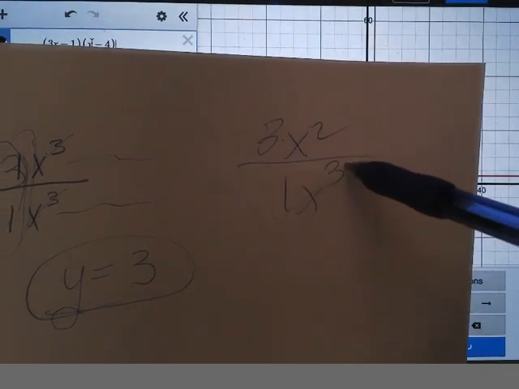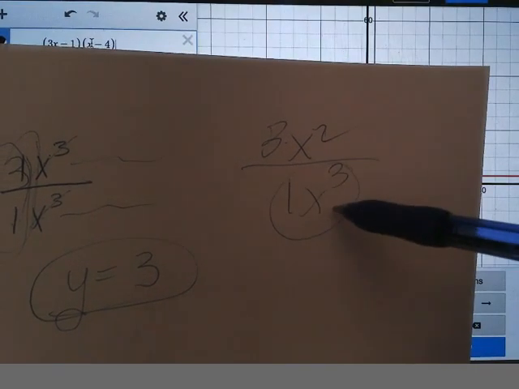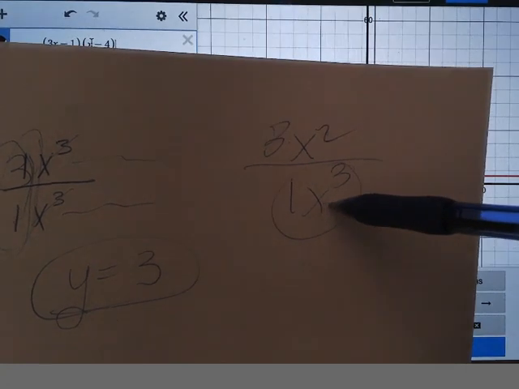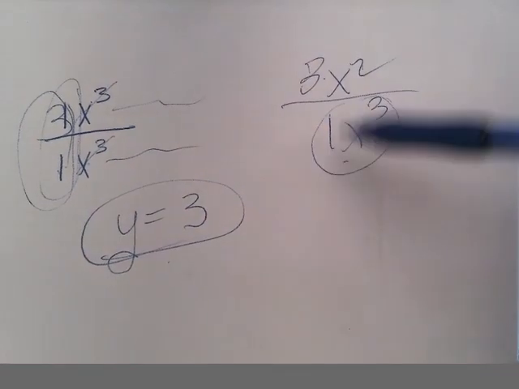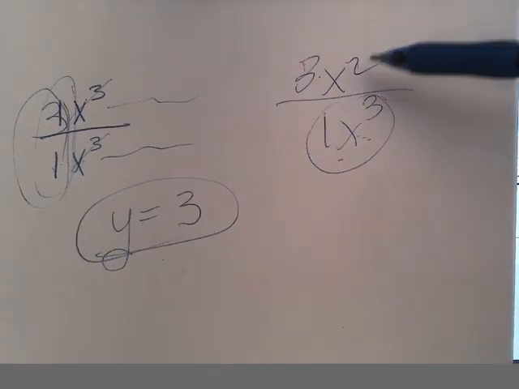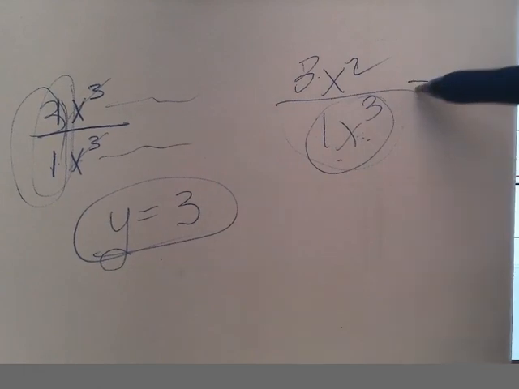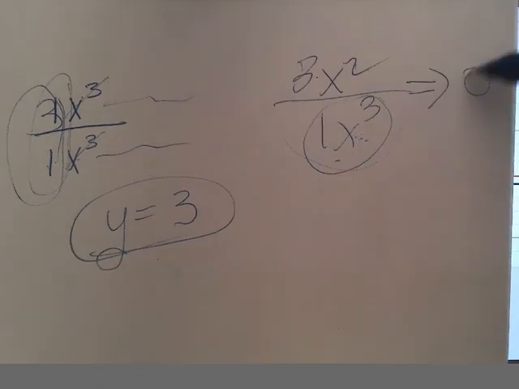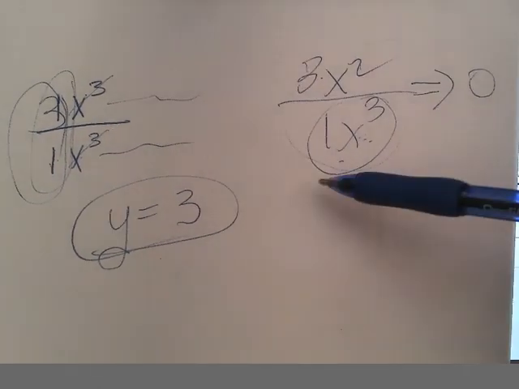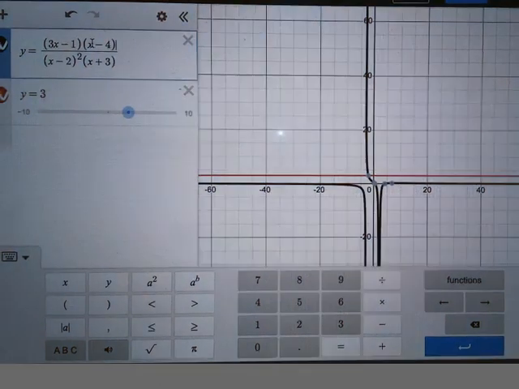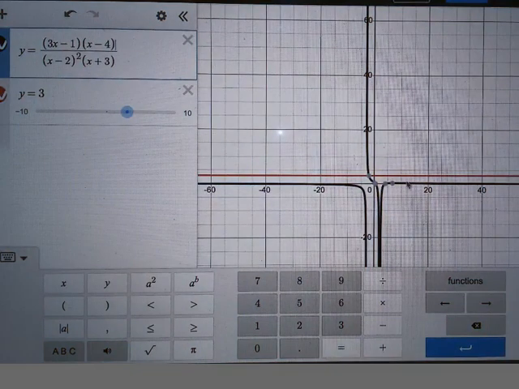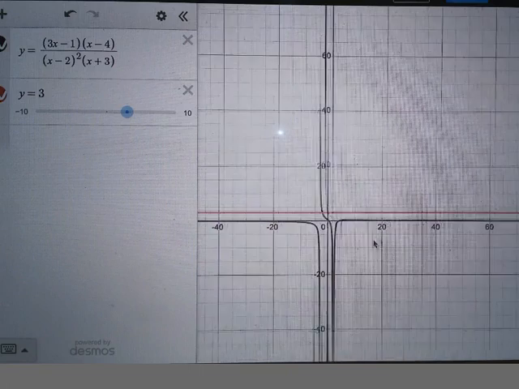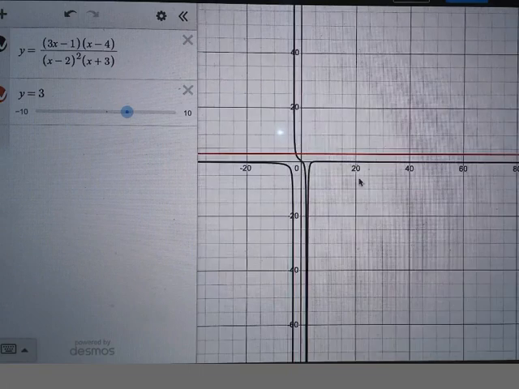It's because the denominator is a higher degree. This is going to grow faster than the numerator, and this whole thing is going to go towards 0 when x gets really, really large. So when x gets really, really large, out here, further and further, it's going to go towards 0.